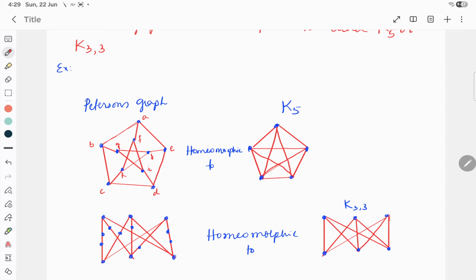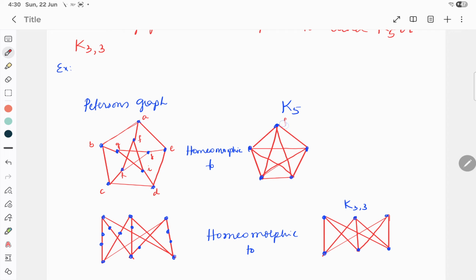If I remove the edge AF, it coincides with this, and the edge BA becomes BF. Similarly, if I remove BG, I get this BF now coinciding with GF.